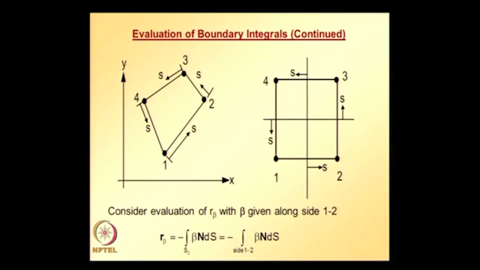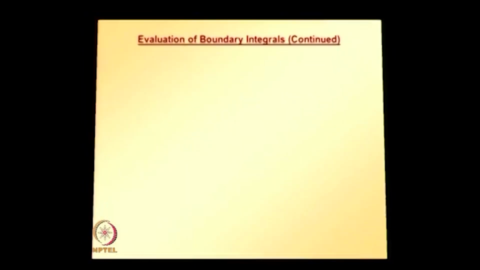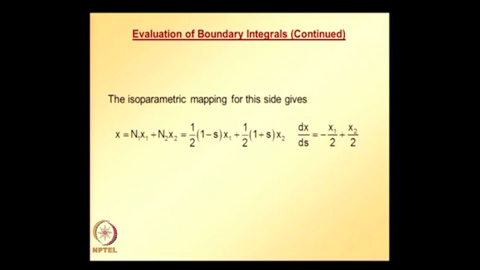For that we require to find isoparametric mapping along each of these edges or sides. Isoparametric mapping for side 1 2 is x is equal to N1 x1 plus N2 x2, because N3 and N4 are going to be 0 along side 1 2, and this gives us relation of x in terms of s, and from there we can find the derivative of x with respect to s.